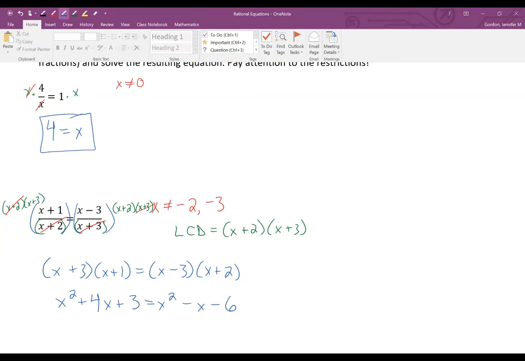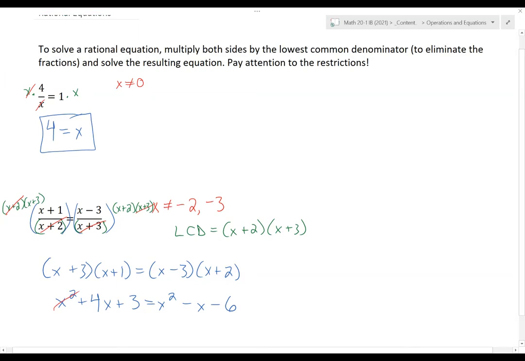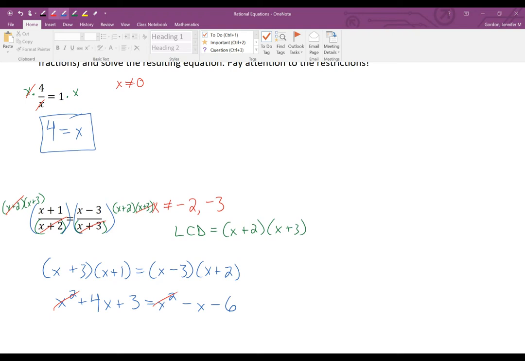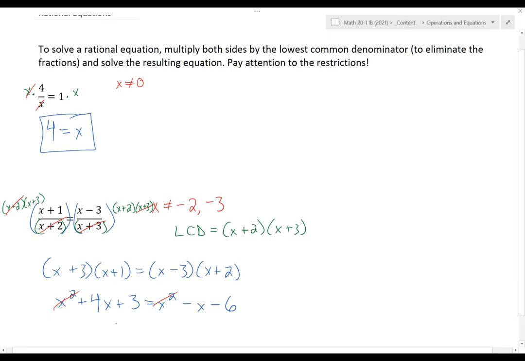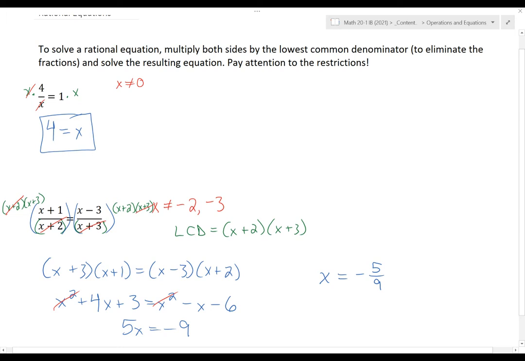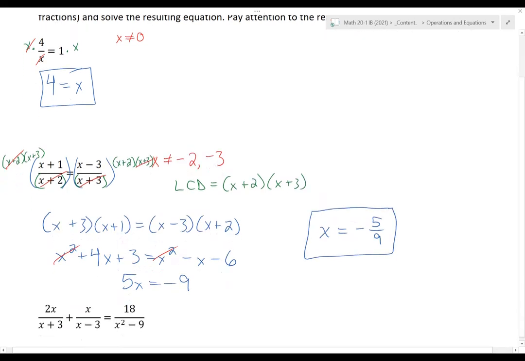But what I see here is that it actually doesn't end up being a quadratic equation because the x squareds, if I subtract x squared from both sides, I just have a linear equation. So I end up with 5x equals -9, which tells me that x equals -9/5. I compare this with my non-permissible values. x can't equal -2 or -3, but there's no problem with -9/5. So that is the solution to this rational equation.